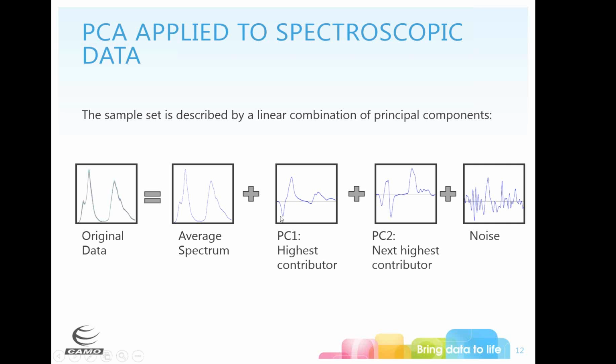So if you have peaks in an area that you know are due to, say, carbon-carbon stretches or carbon-hydrogen stretches or carbon-oxygen double bonds, you can interpret that directly from the loadings. Once the loadings start to look like noise, it probably is, and don't use any more components at that point.